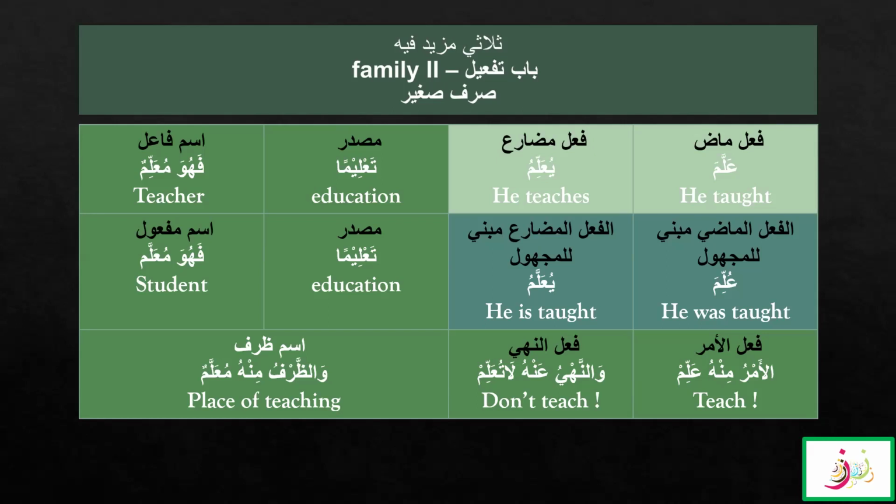Remember, hunna is يعلمنا, and then أنت تعلم أنتما تعلمان أنتم تعلمون أنت تعلمين أنتما تعلمان أنتن تعلمنا هن يعلمن أنتن تعلمن أنا أعلم نحن نعلم. So this is how you are going to do the Saf Kabir for these siyaghs. So فعل ماضي فعل مضارع الماضي للمجهول المضارع للمجهول, we did it.